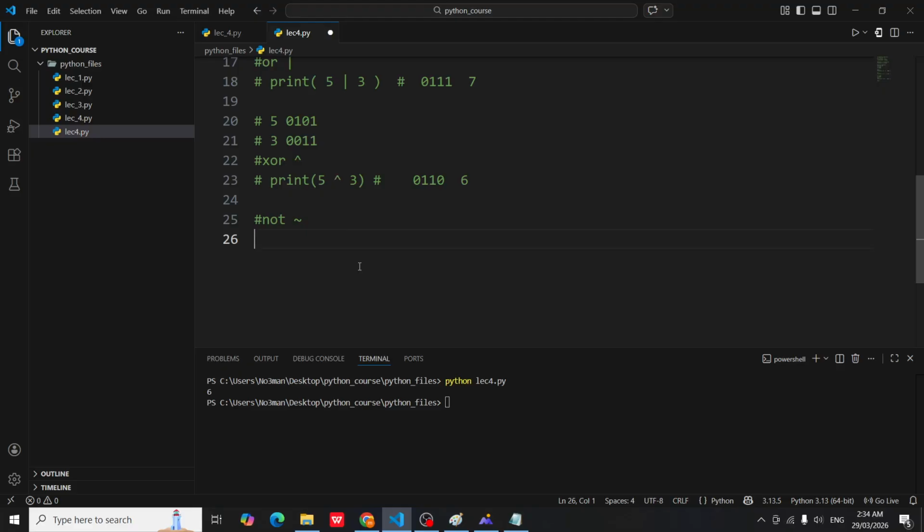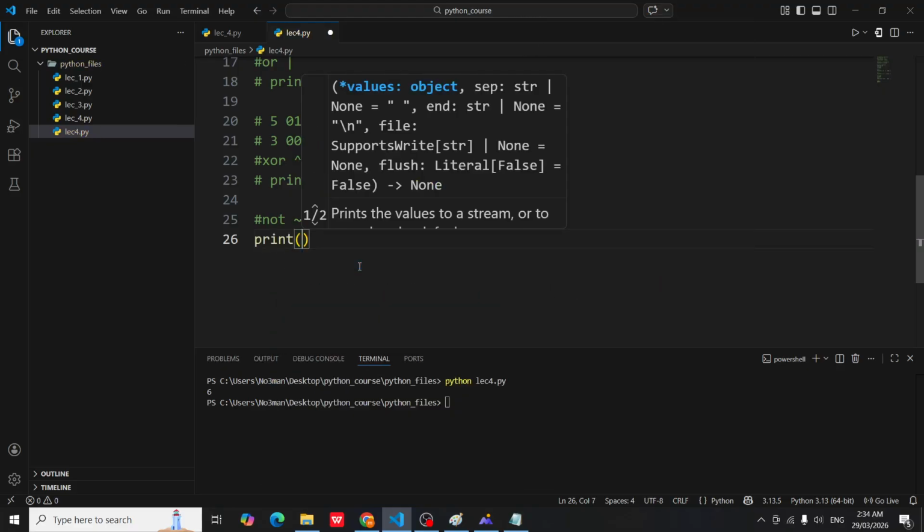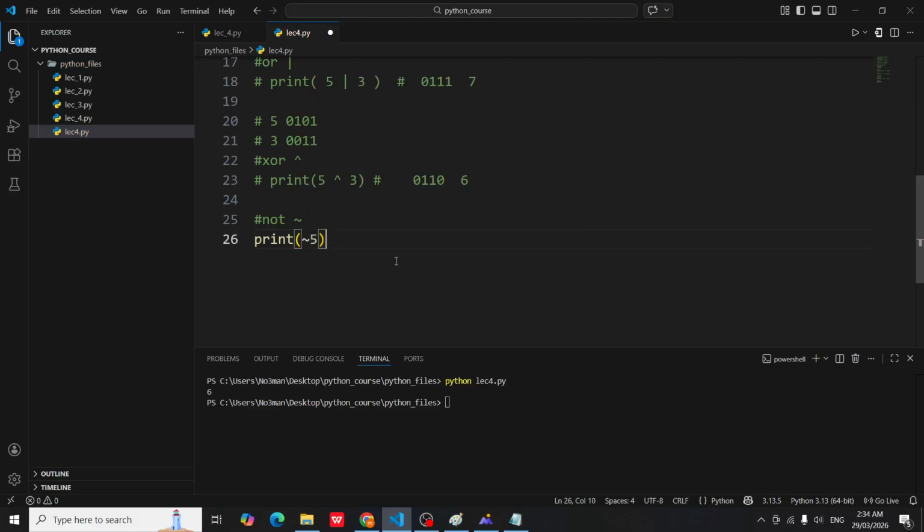So if we print not 5, it will give us 0, 1 will be 0, 0 will be 1, and 1 will be 0 again, and 0 will be 1. So it's supposed to be number 10.